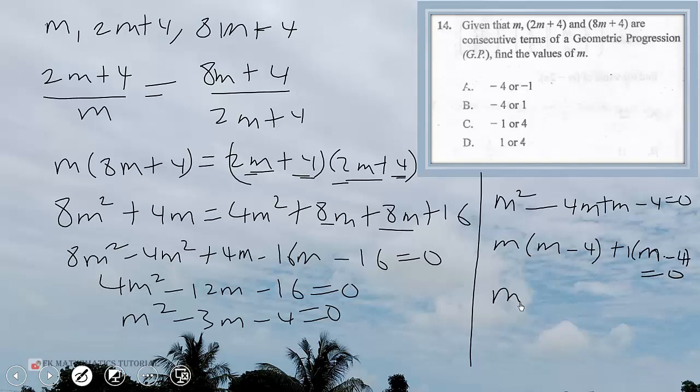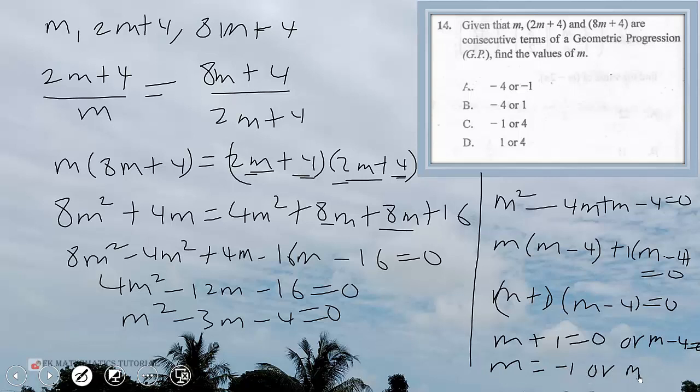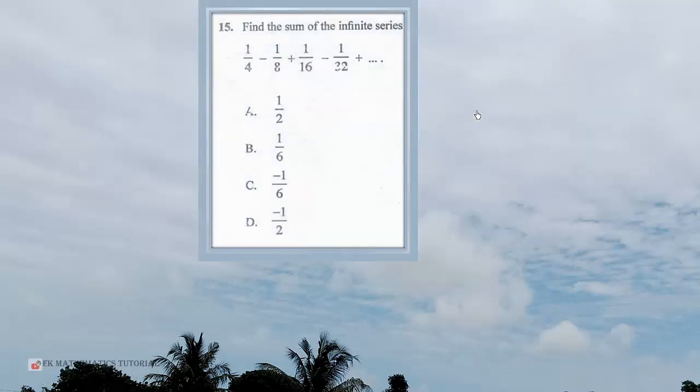So we have m plus 1 or m minus 4 is equal to 0. If that is the case, m will be equal to negative 1 or m will be equal to positive 4. So option C is correct.